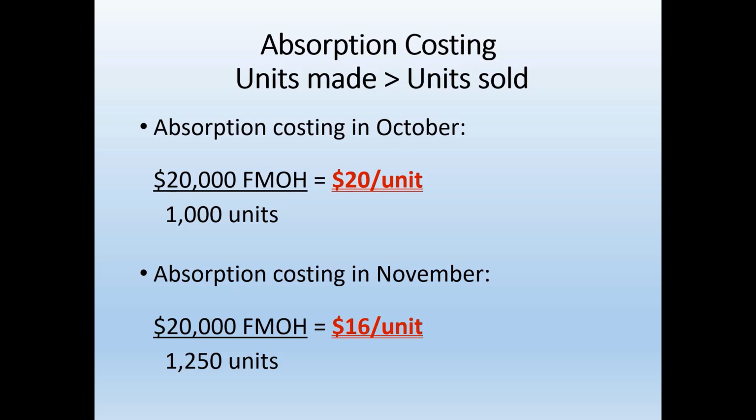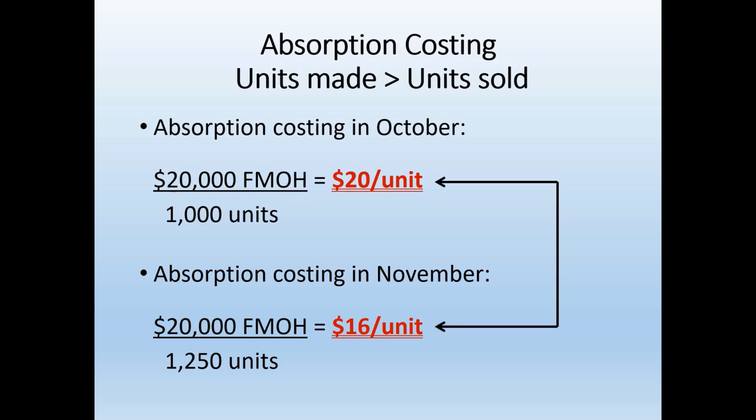But in November, the fixed manufacturing overhead hasn't changed, but the number of units has. So when we divide the total number of units made in November into the total fixed manufacturing overhead in November, we find that each unit only has to carry $16 of November's fixed overhead.